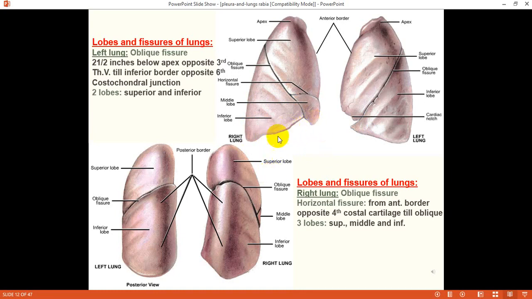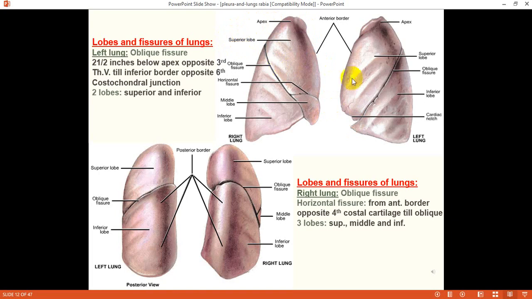The costal surface is the convex surface underlying the thoracic wall, and two fissures are clear on the surface of the right lung, whereas one fissure is seen on the left lung. These fissures are going to divide the lungs into lobes.